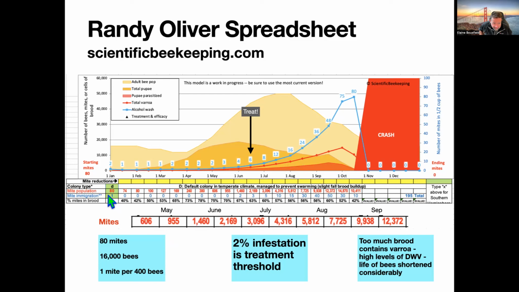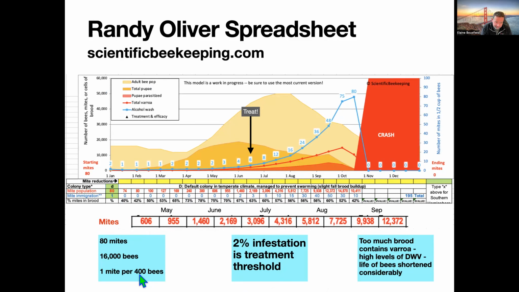And this red line of numbers shows the population of Varroa mites. And I've enlarged it here to make it easier to see. So in this typical example, we're starting off with 80 mites, which is around about 1 mite per 400 bees, 0.25% infestation, nothing scary or high at all, probably quite a typical number of mites for someone who's treating.